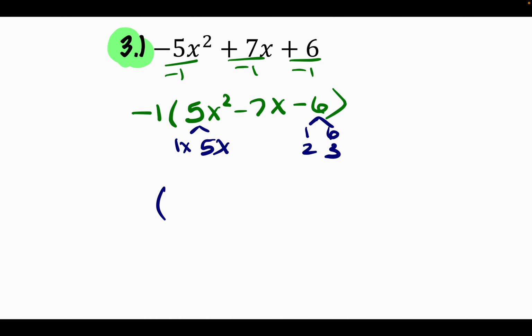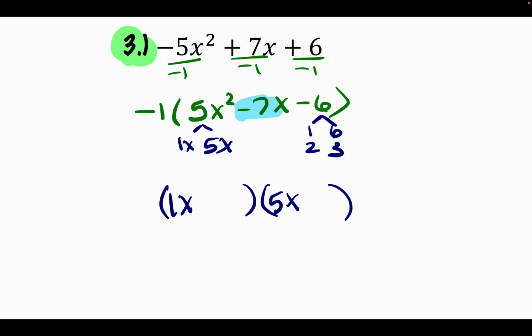So now in our parentheses, we have a 1x and a 5x. Okay, we need to get to negative 7. So that means we're going to have 1 positive and 1 negative. So let's use our 2 and 3, and we'll put some stuff in.